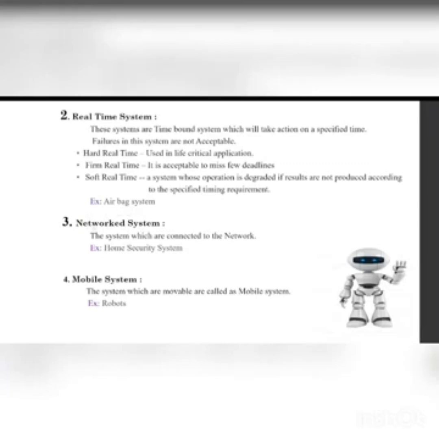Let's move to networked systems. These systems are connected to a network, for example home security systems. That may be IoT, where we can control remotely by hand. Then mobile systems: systems which are movable are called mobile systems. It may be robotics.